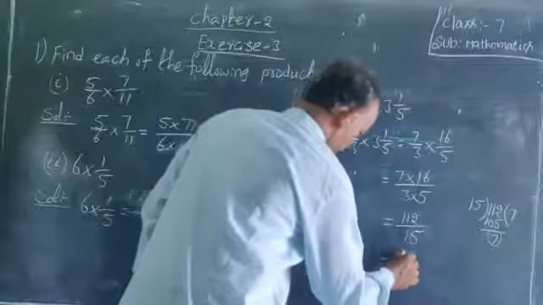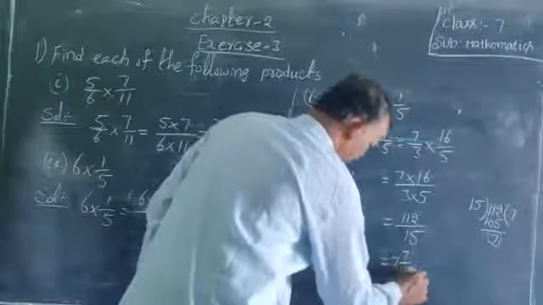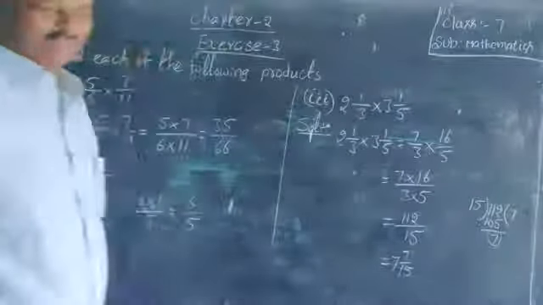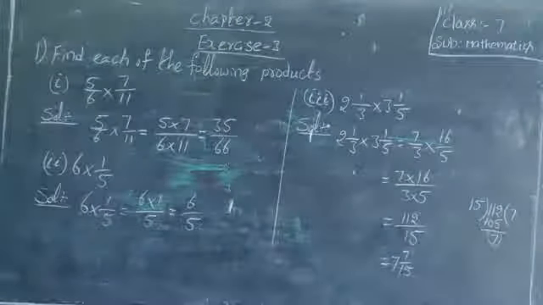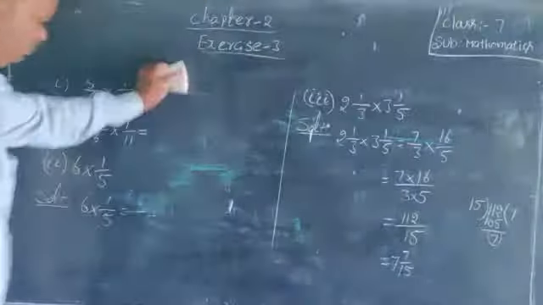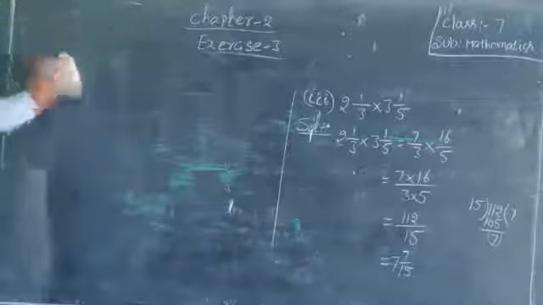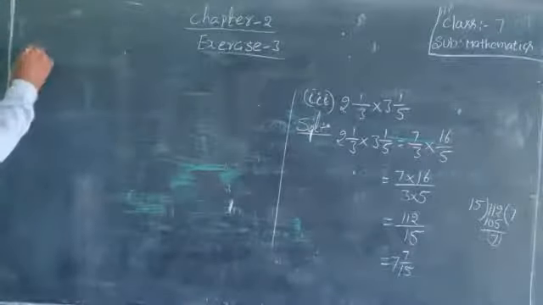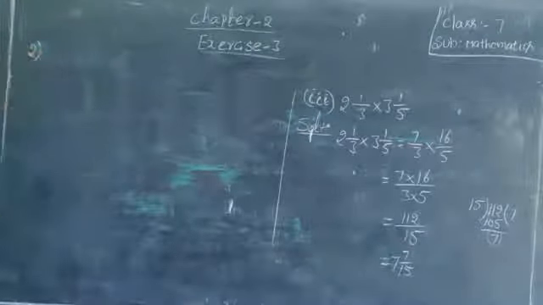That is equal to 7 7 by 15. And next, second Roman.